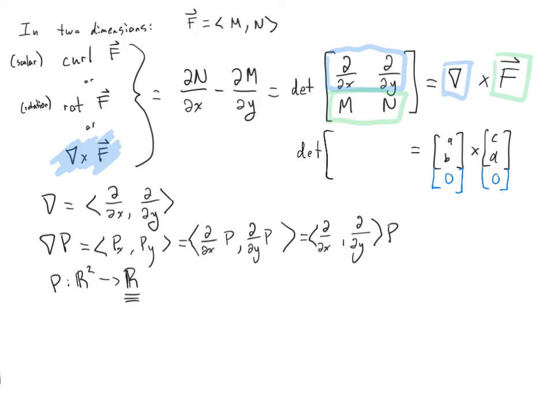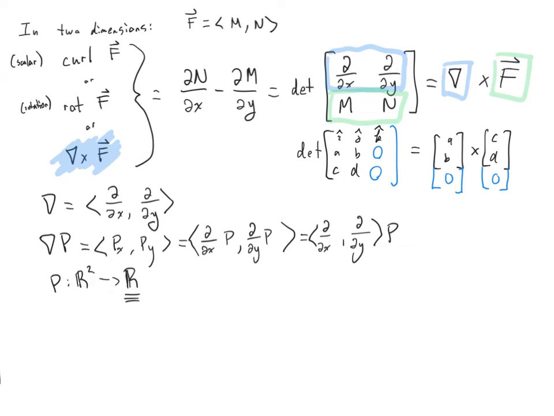So if I did that in 3 dimensions, that would look like i, j, k hat, A, B, 0, C, D, 0. And let's color those zeros blue because I want to show that nothing's happening here.